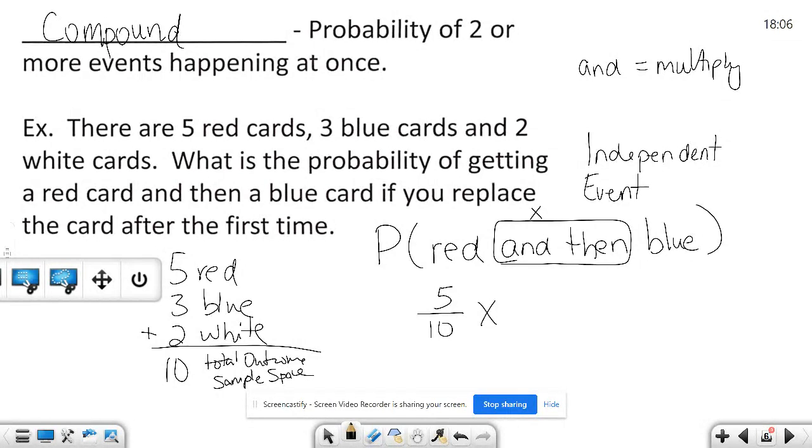So what happens with the blue cards? Okay, so then, and then, blue. So there's 3 out of 10. Well, now it's just a multiplication of fractions.